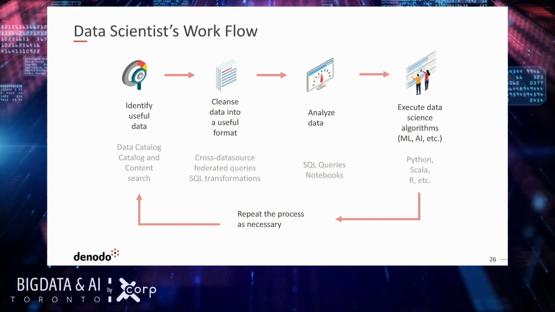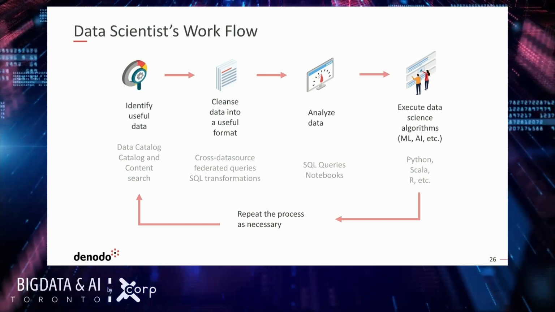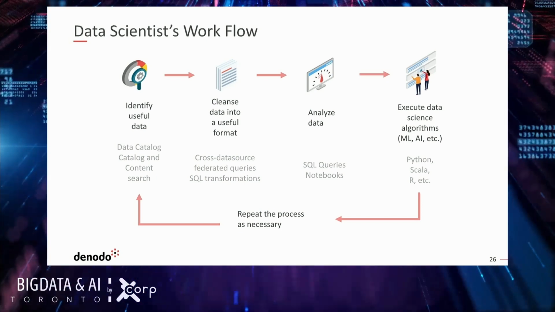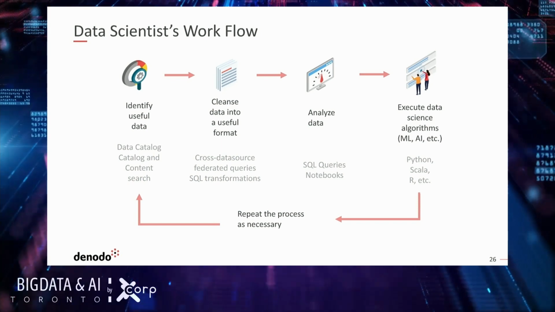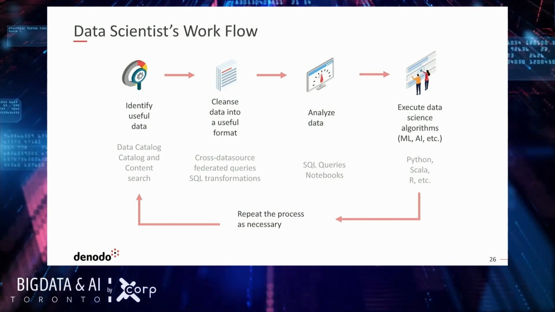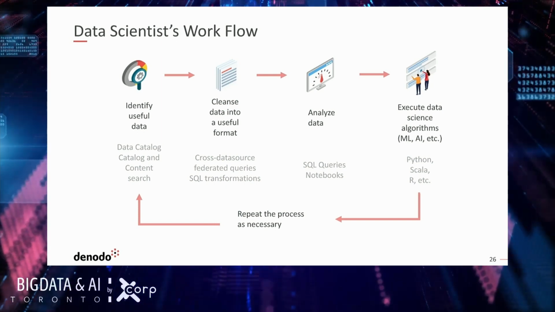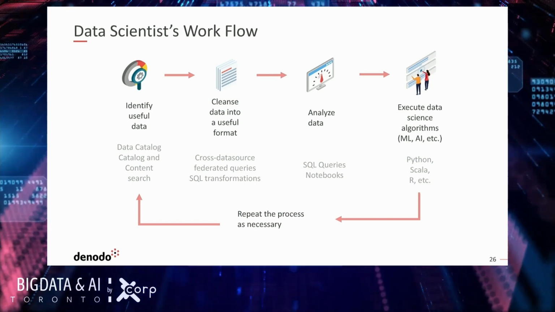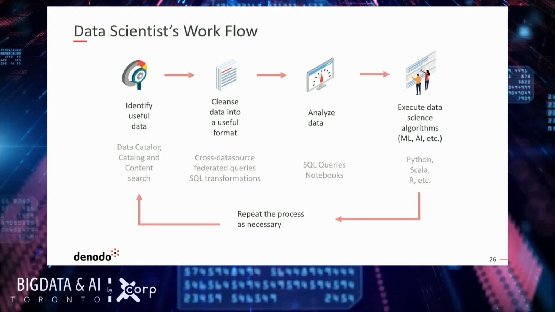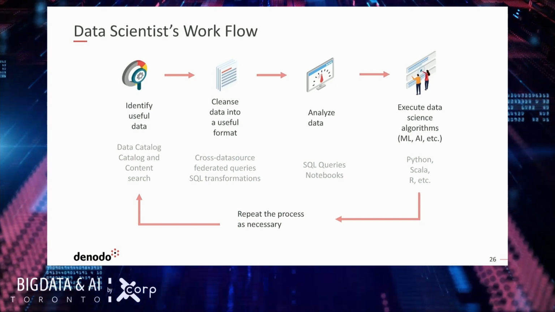Second, within the virtual layer, it's easy to combine your various data sources together so that you can cleanse and do your formatting right within the tool, and then you don't have to build inside, say, Python or something else like that. And then because we provide standard interfaces like JDBC or ODBC, it's easy for the data scientists to work with their existing tools such as Zeppelin and Python.